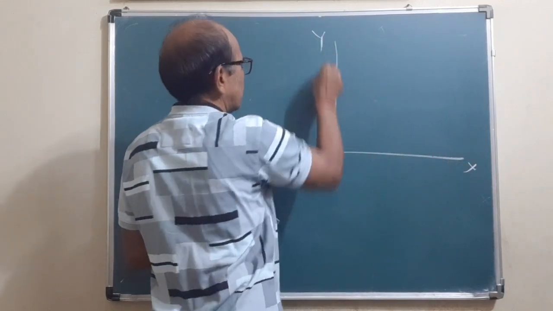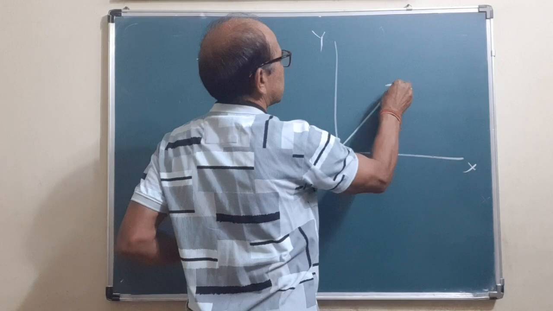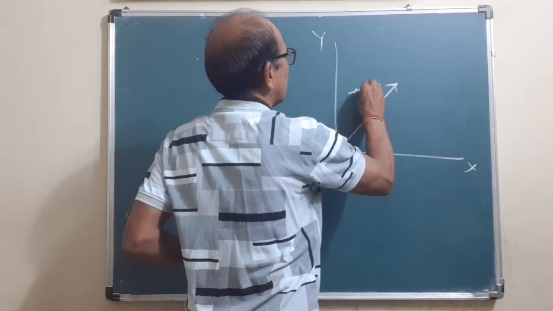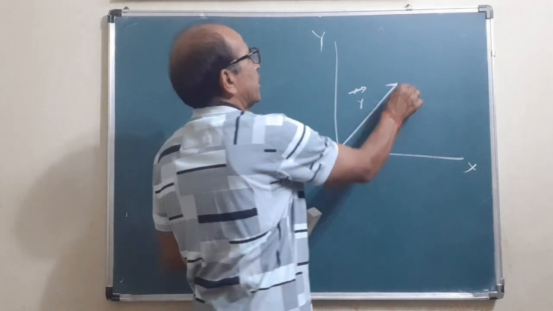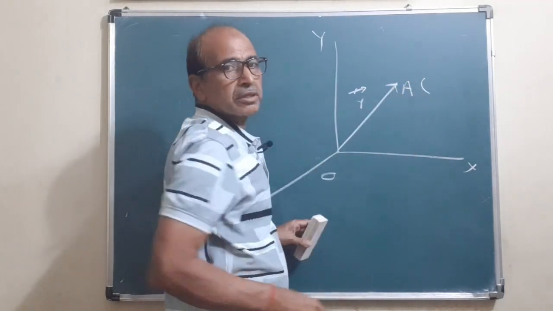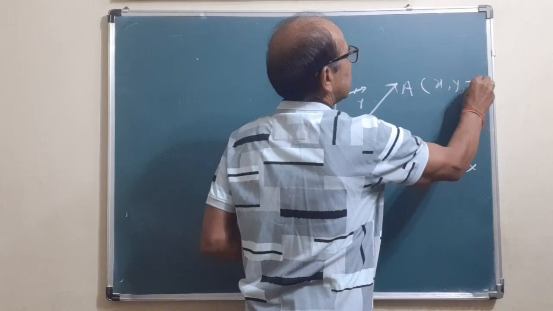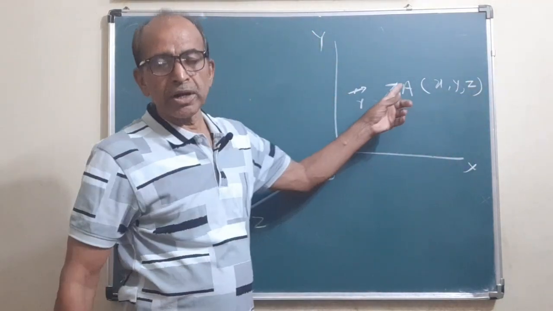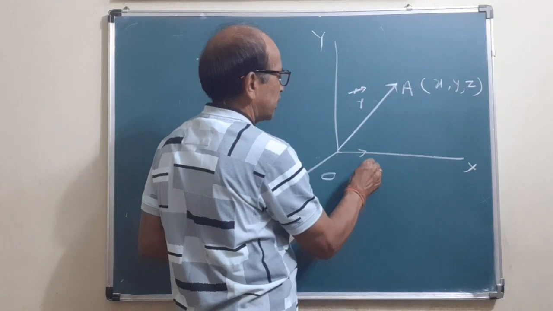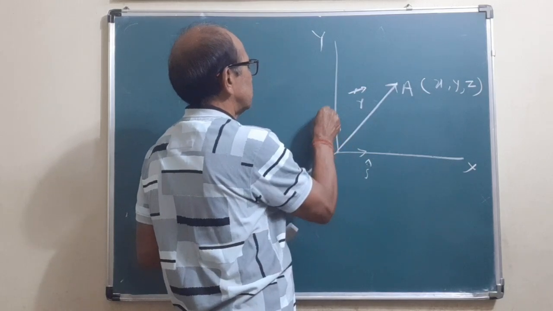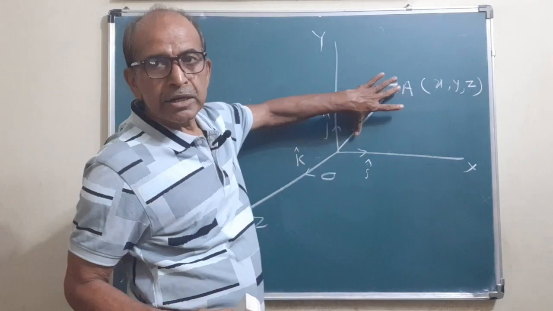Now x-axis, y-axis, z-axis. Here R is the position vector, and this point A has coordinates x, y, z. Coordinate of this point, position of this point. So along this direction i cap, j cap and k cap, this vector we can resolve.